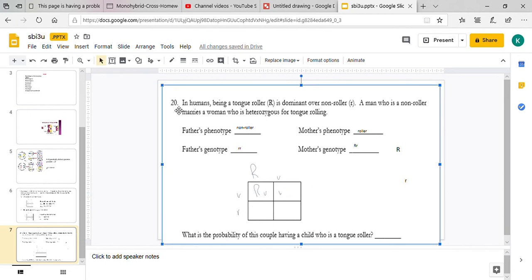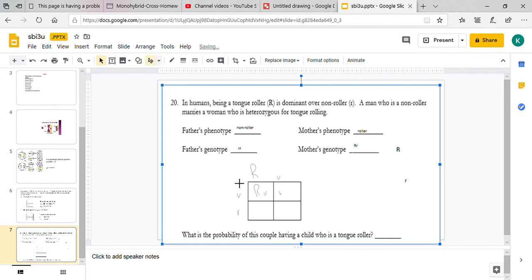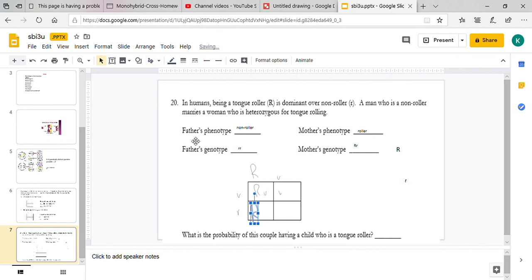For this scenario, you have an uppercase R and a lowercase r. And for the last scenario, you have one lowercase r and another lowercase r.